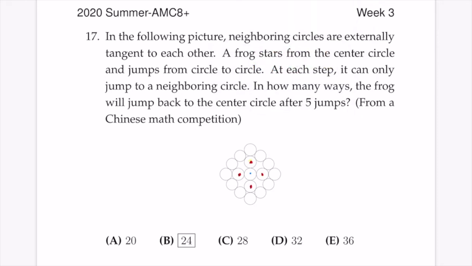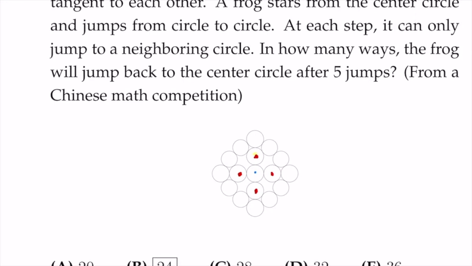By the symmetry of this picture, we can just pick 1 point here. And in how many ways can the frog, starting from here, be back in 3 steps? Altogether, there are 4 ways to be back here.